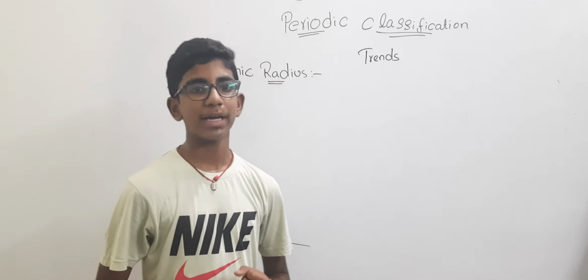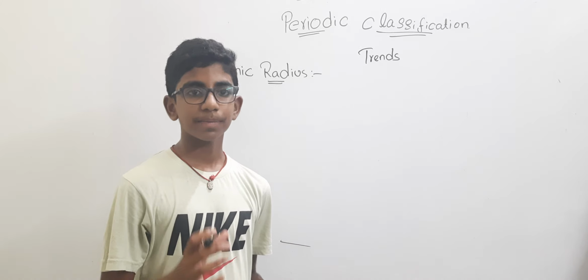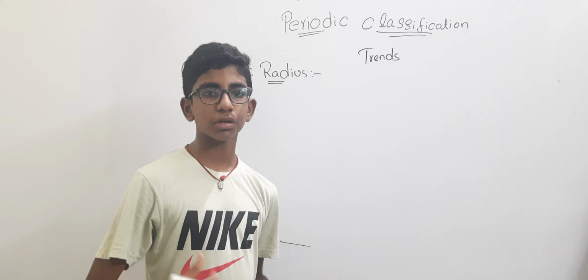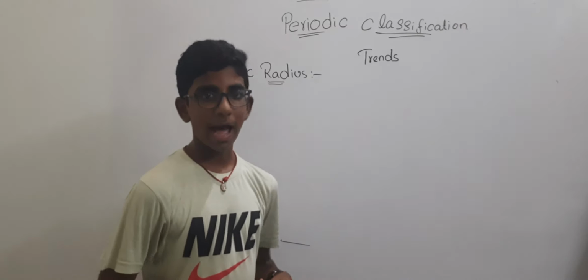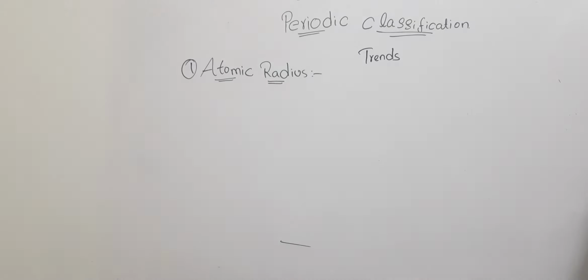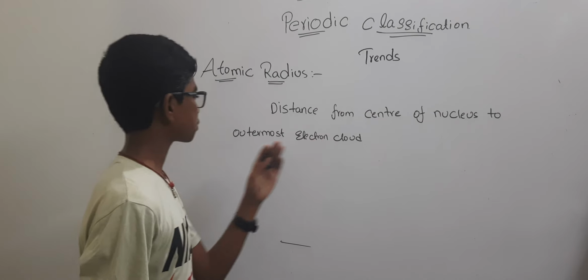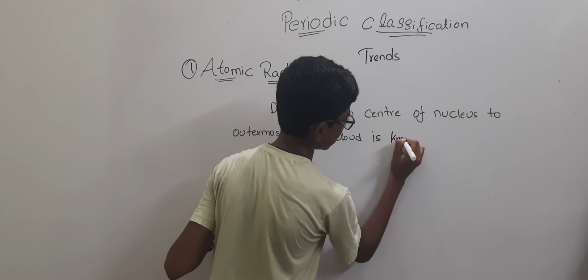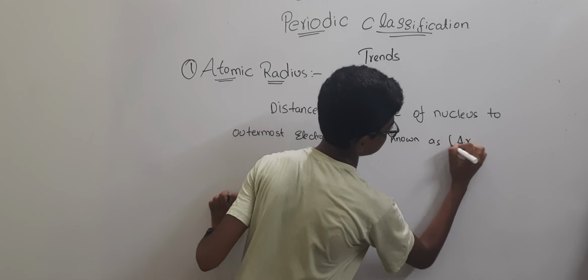What is meant by atomic radius? Atomic radius is the distance from the center of the nucleus to the outermost electron cloud of an atom. Now I am writing the definition. Distance from center of nucleus to the outermost electron cloud is known as atomic radius.